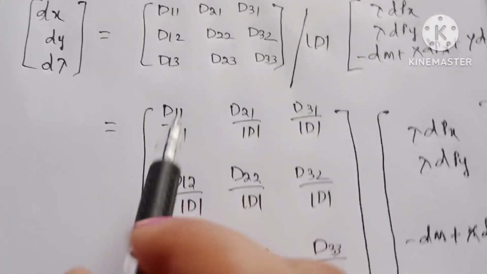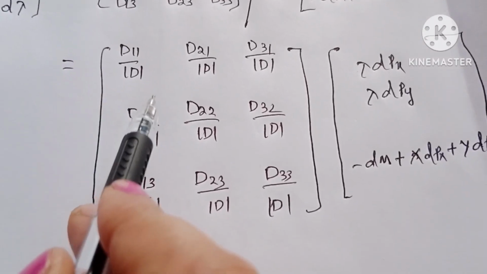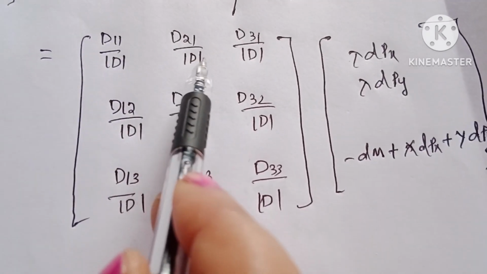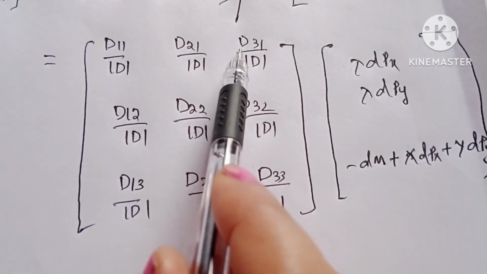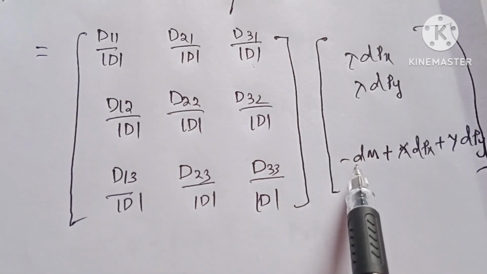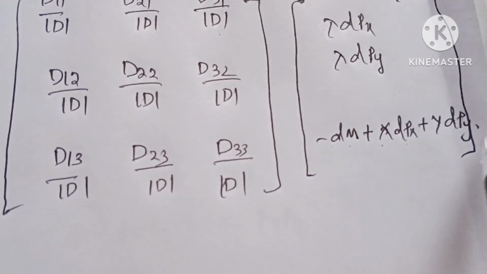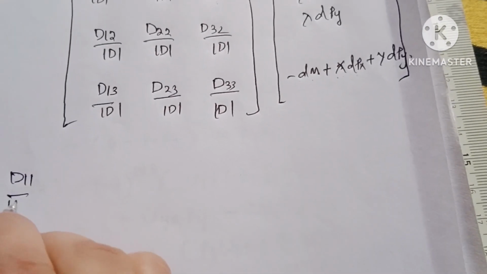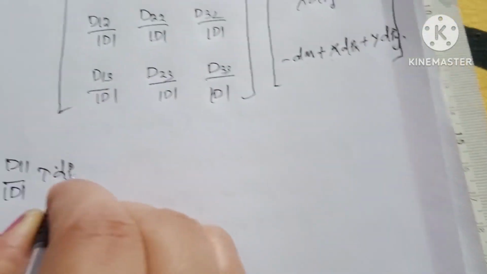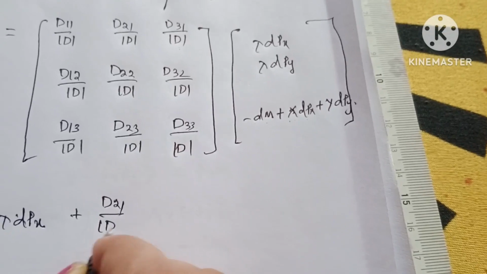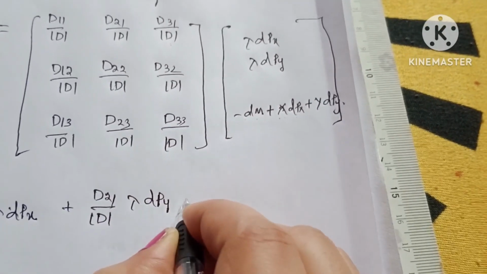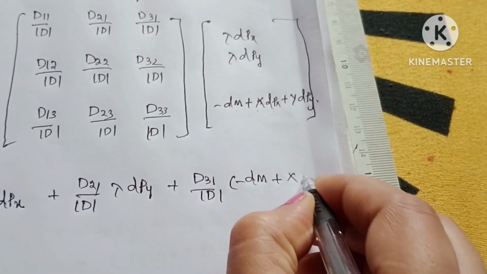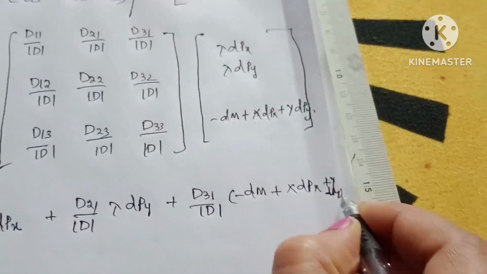So dx equals d11 by determinant value multiplied by lambda dpx, plus d21 by determinant value multiplied by lambda dpy, plus d31 by determinant value multiplied by minus dm plus x dpx plus y dpy.